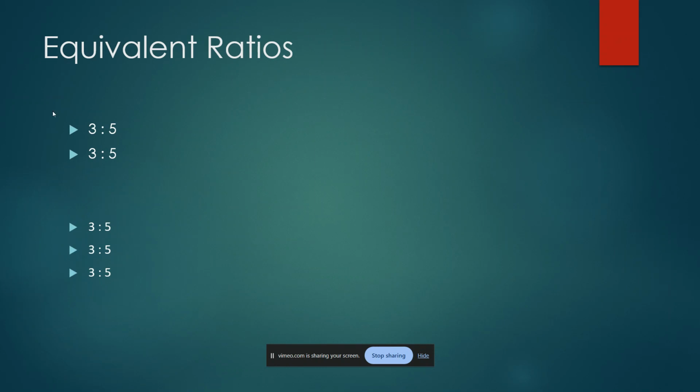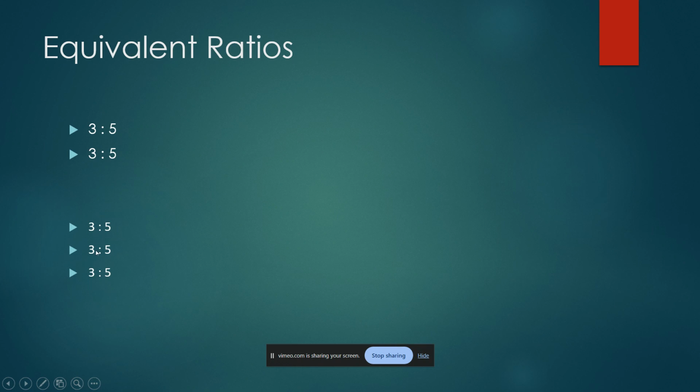So in this example, you've got 3 plus 3 is 6, 5 plus 5 is 10. So here, under here, you would actually have 6 to 10. So the person on the left has got 6, the person on the right has got 10. And the thing about it is that the ratio 6 to 10 is actually the same, or equivalent. No, not the same. It's equivalent to 3 to 5. And in this bottom example, I just went one stage further.